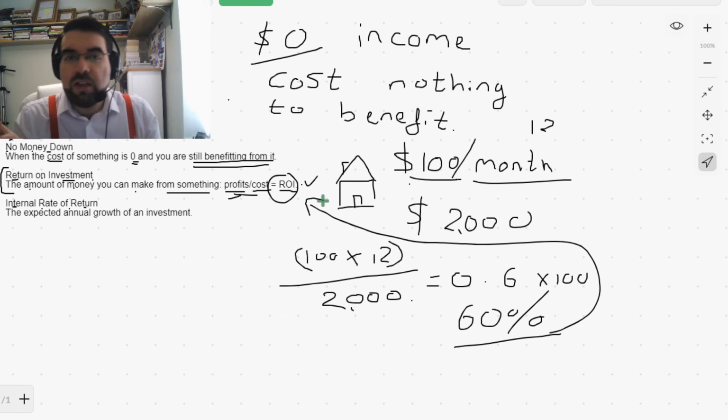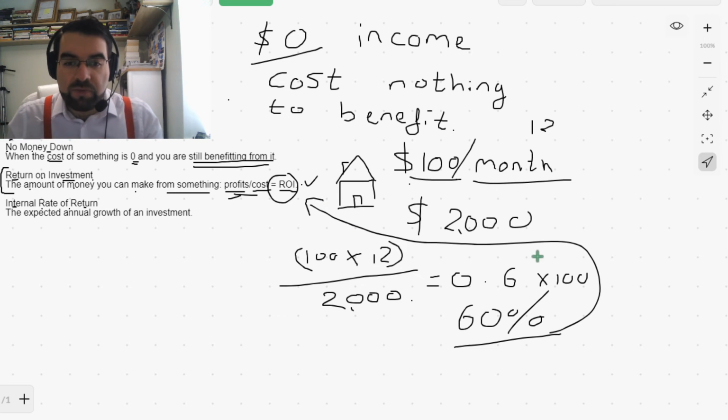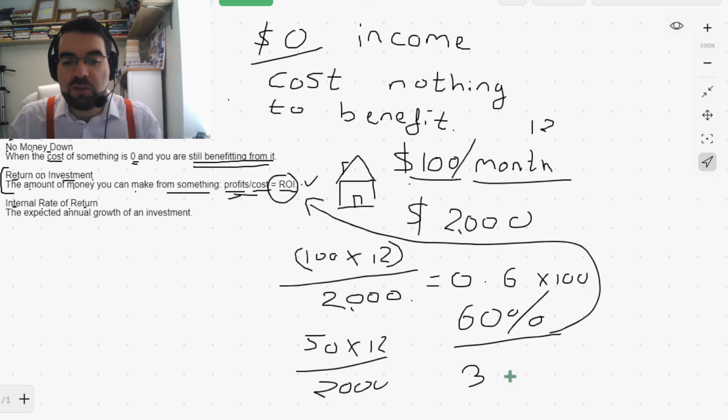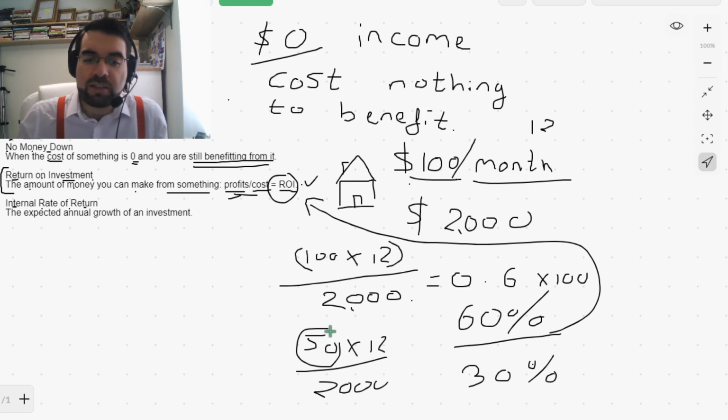That's a good deal. Whereas this one over there only produces £50. So it's 50 times 12 all over again, so it'll be 600, divided by 2,000, so it'll be 30%. So we know mathematically which one is a better deal: this one that has a higher ROI of 60, because 60 is greater than 30.